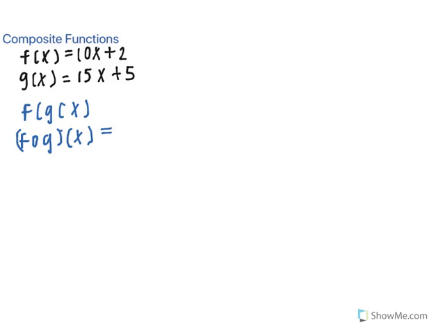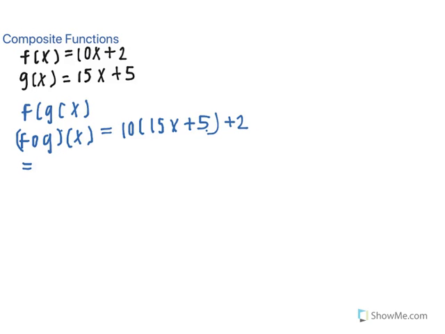So f of g of x, which can also be written this way, is 10 times the quantity of 15x plus 5, plus 2, because we plugged in function g into the x of function f.